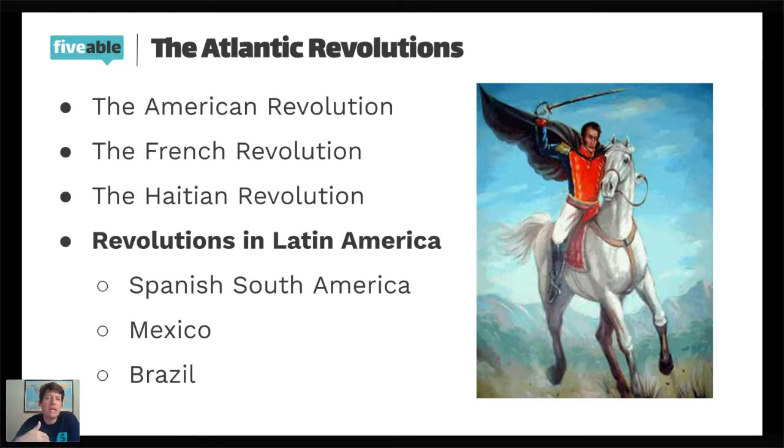He likens their treatment of these colonies to slavery, which I'm sure the Haitians would disagree with. But he uses that as the rallying cry. Their rights are being denied, and so they must rise up and take control of their land.